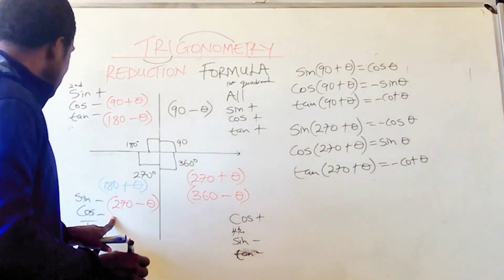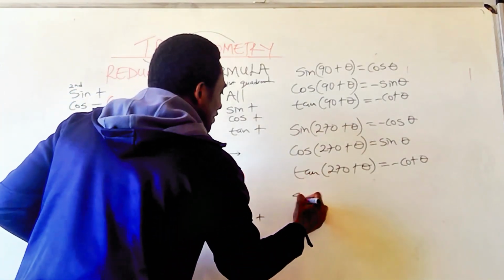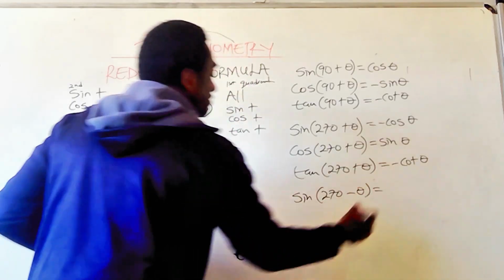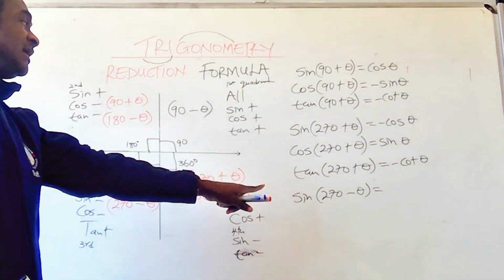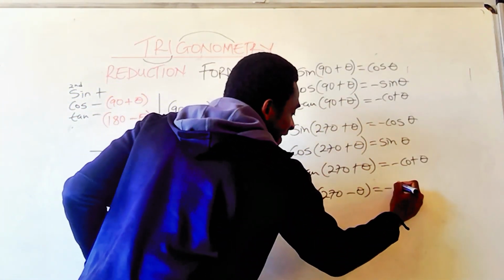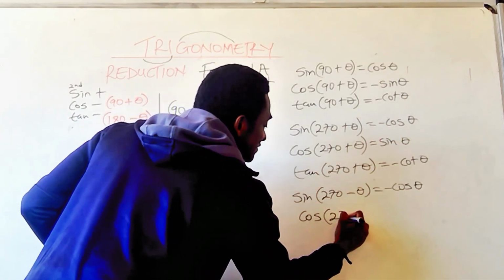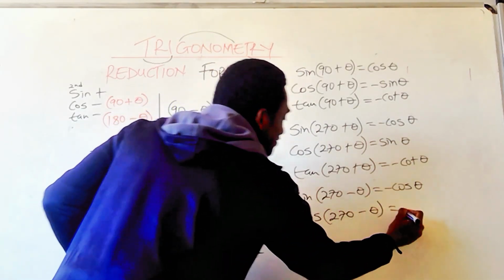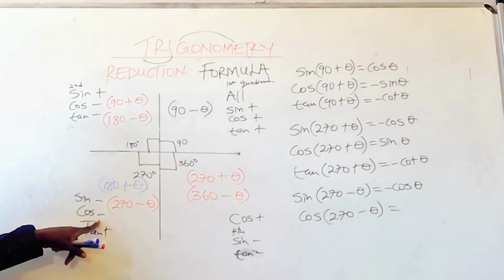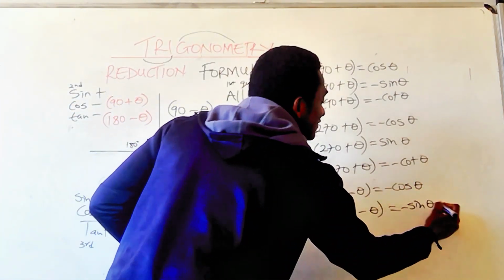Now let's look at the third quadrant. If we have sine of 270 minus theta, sine is negative here, so the cofunction will be negative cos theta. If we are looking at cos of 270 minus theta, this is on the third quadrant, and cos is also negative, so the cofunction will be negative sine theta.